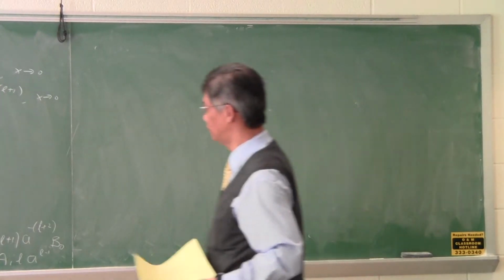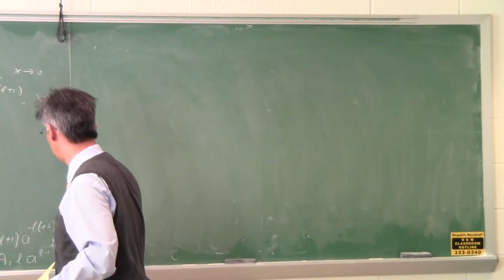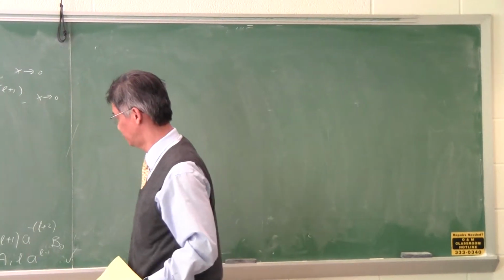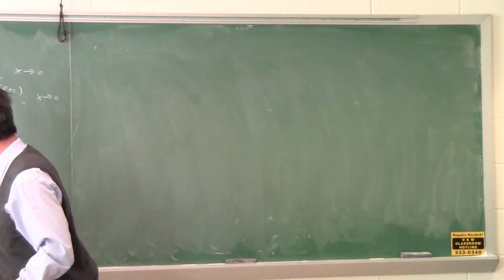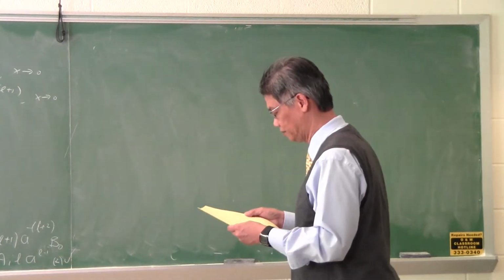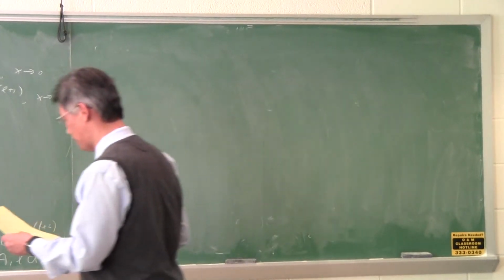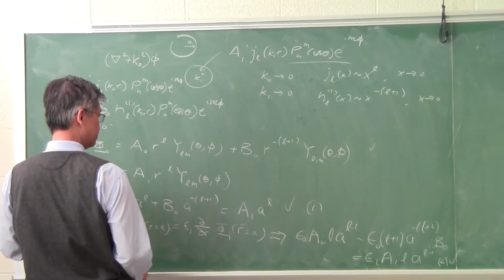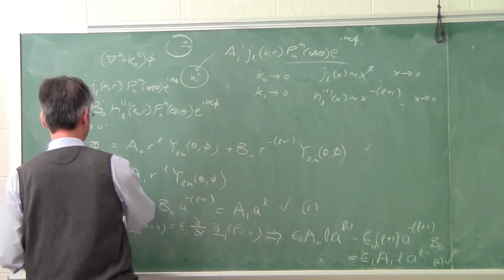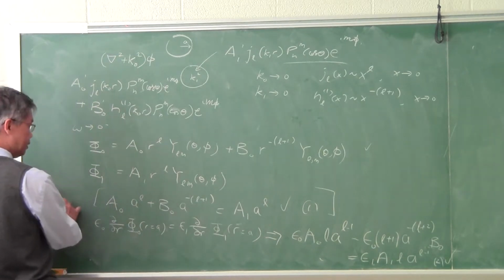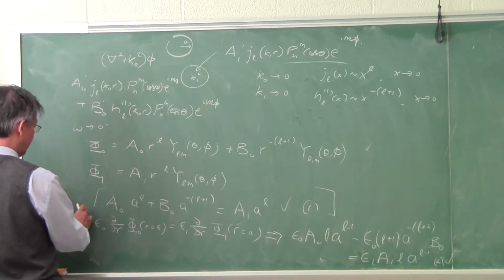So two equations, two unknowns. I make the right hand side of these two equations, equation 1 and equation 2, look like each other and equate. So I will have to multiply this whole equation by epsilon 1 l.